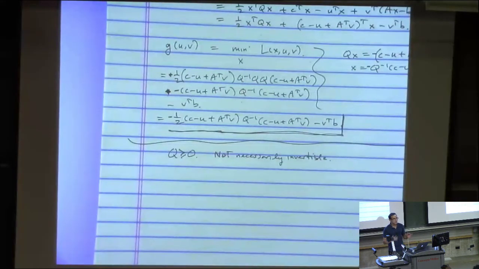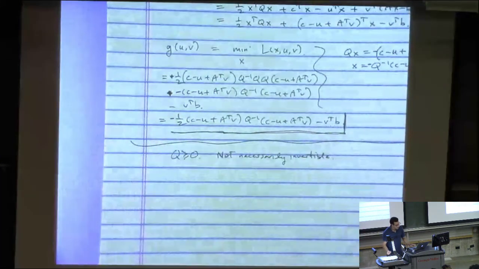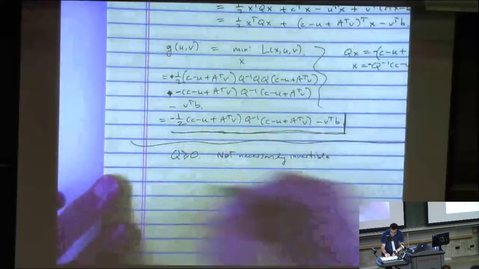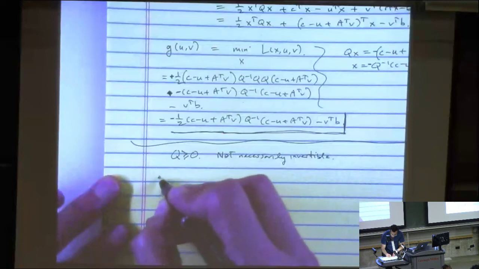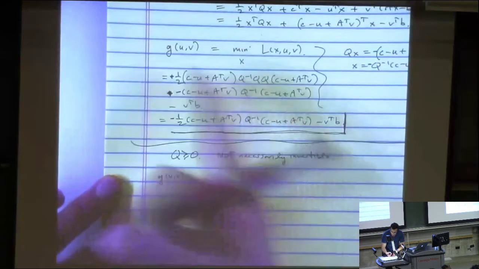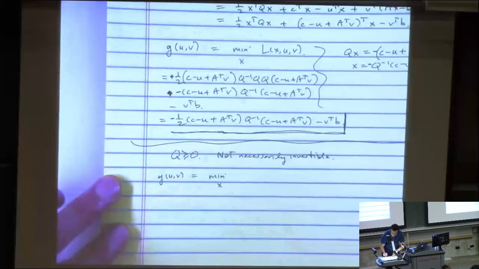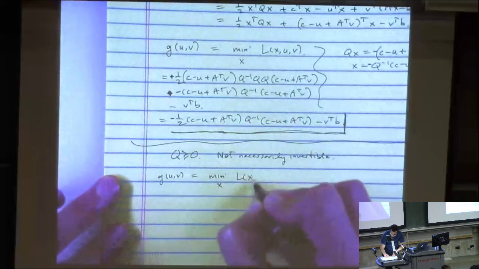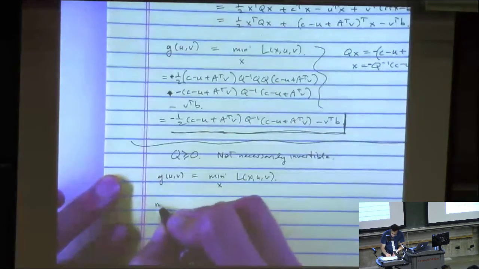Somewhat similar to the linear program case, let's just go through the calculation. You'll see we get more constraints popping up. We arrive at the same step, since we've not used invertibility of Q anywhere up until this point, where we're going to minimize the Lagrangian.